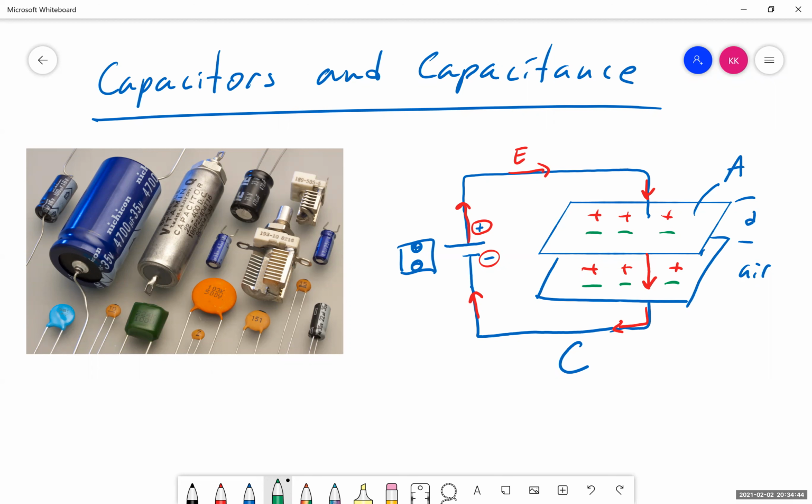Even though the conventional direction of the current, which you will see later on, is defined as the direction of the positive charges that would be flowing, here think of it like this: if there's an electric field, it's going to affect the negative charges in your plates. It's going to push the negative charge.